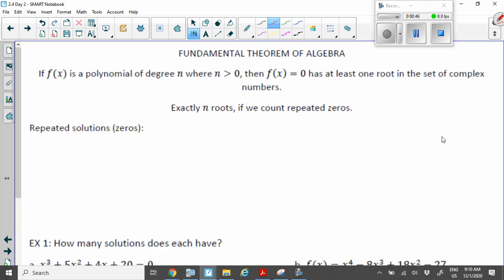And sometimes we can have what is called repeated zeros, which is fine. So we're going to be talking about what are repeated zeros. That means solutions that occur more than once.